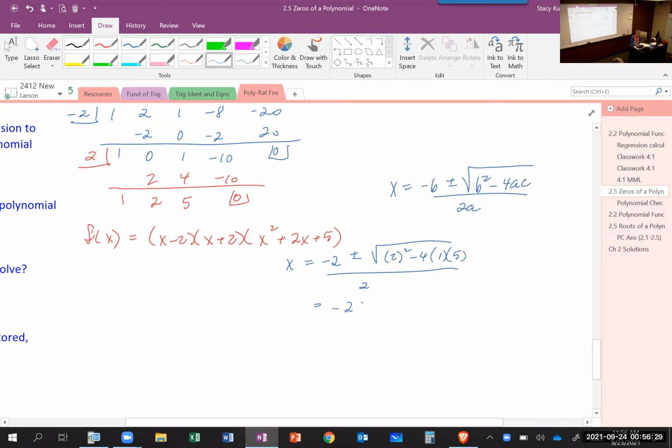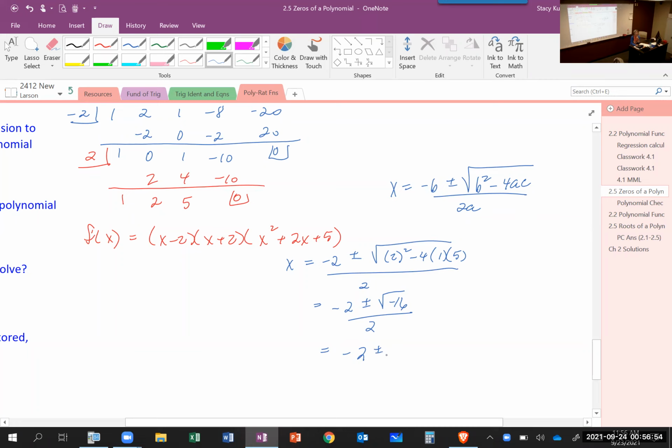So I have -2 plus or minus underneath the radical, that's the discriminant. Remember, we called that the discriminant. So I have 4 minus 20, so I would have -16 under the square root sign over 2, which is -2 plus or minus what?